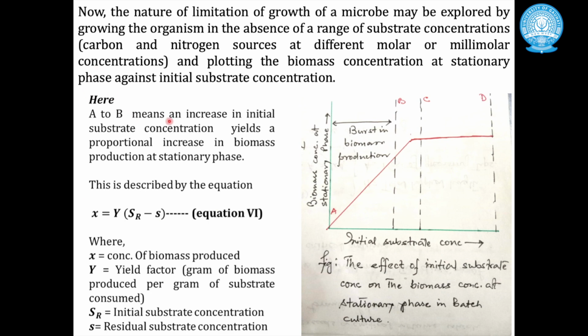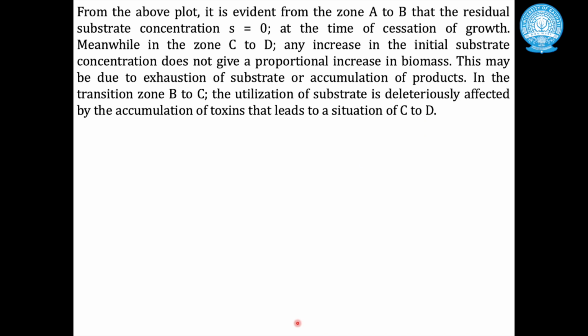Here A to B means an increase in initial substrate concentration yields a proportional increase in biomass production at stationary phase. This is primarily the portion from A to B in the case of filamentous fungi, and is described by the equation x = Y(SR − s), where x is the concentration of biomass produced, Y is the yield factor, the gram of biomass produced per gram of substrate consumed, SR is the initial substrate concentration, and small s is the residual substrate concentration.